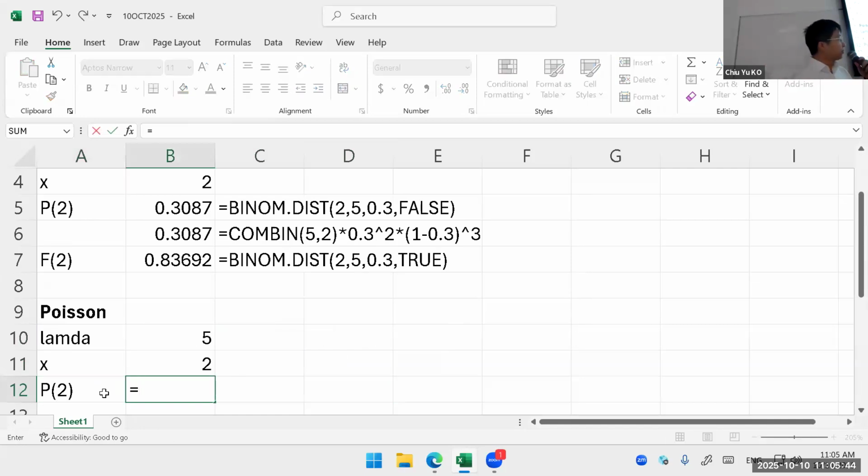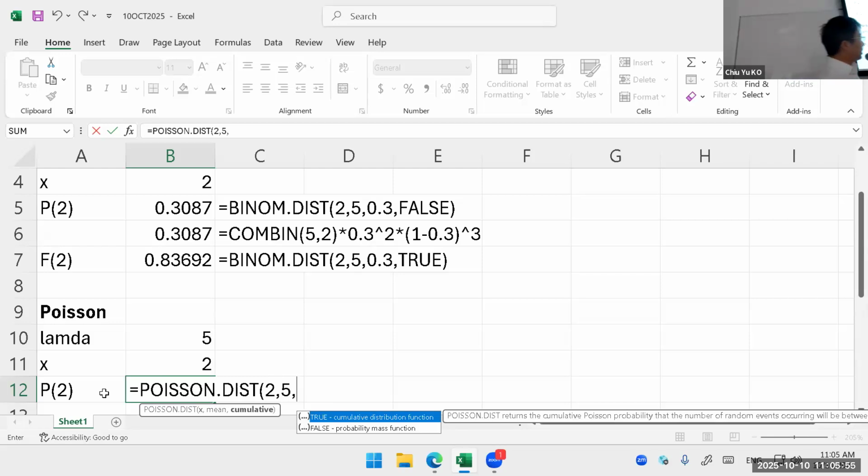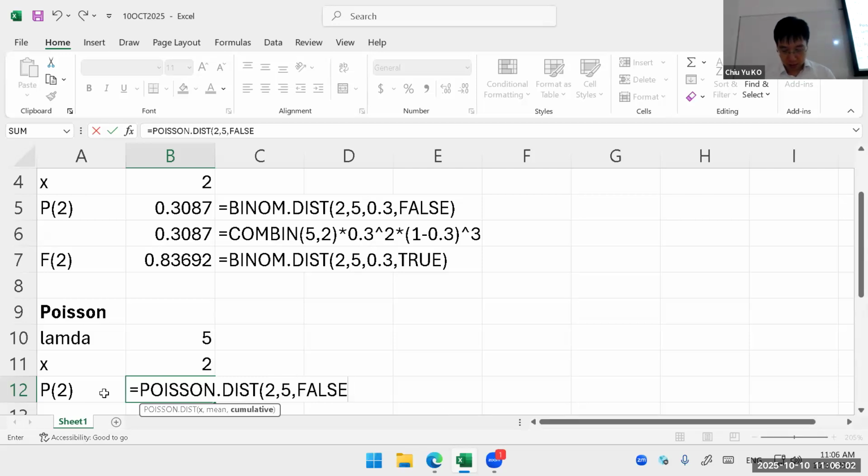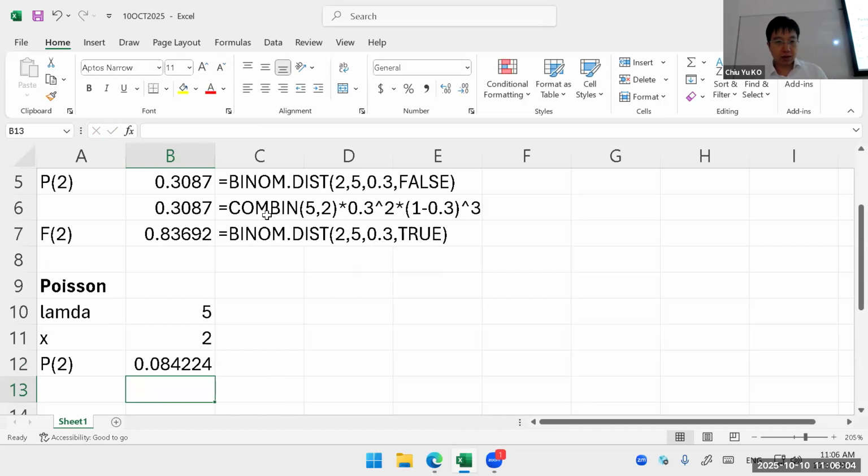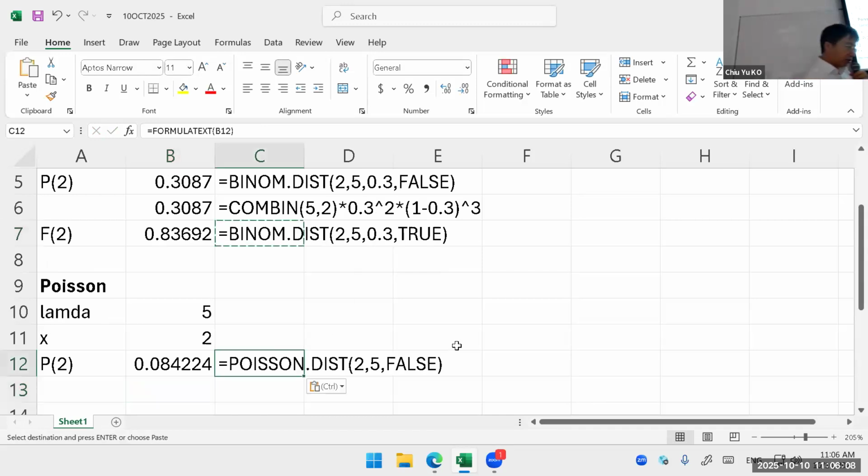The formula is just Poisson dist, X is 2, mean is 5, and for the P it's always false, the probability mass function. So that's the number you saw in the slide. Is that okay?